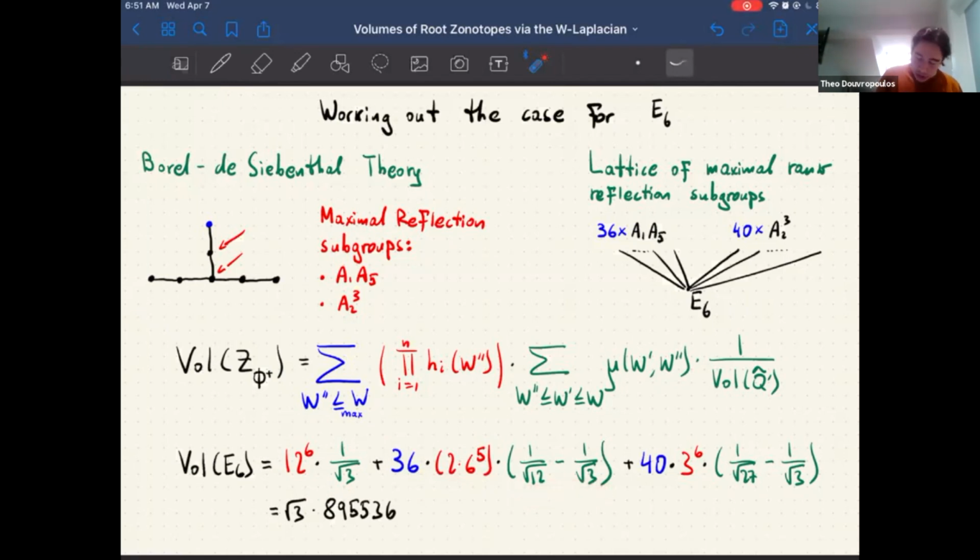So the connection index of A1 cross A5 is 2 times 6. The connection index of E6 is 3. A relatively simple calculation. You put them all together and you get a number like that. So it's almost a two-line calculation. And if you're familiar with this problem, the other methods are quite more complicated.